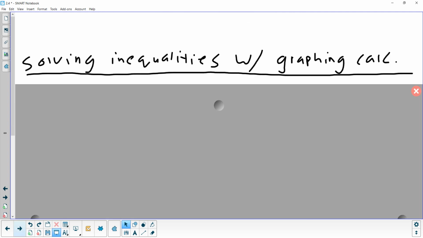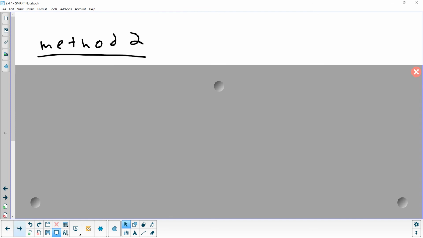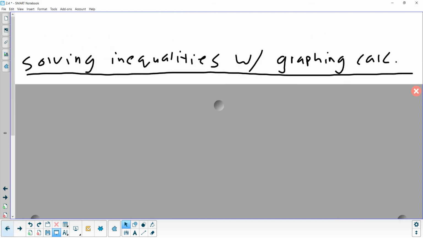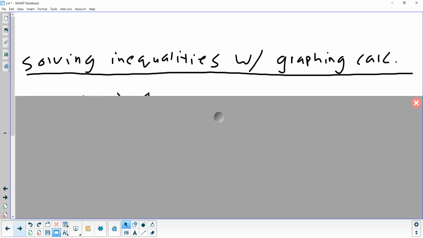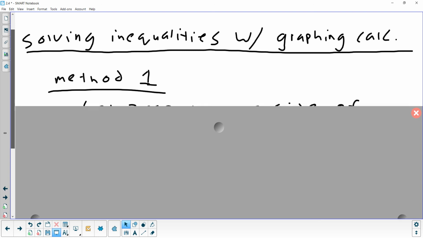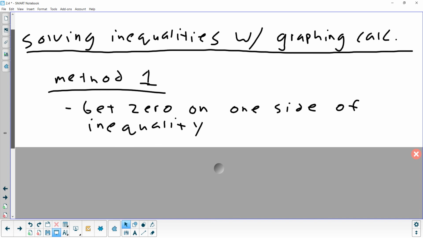All right, so now let's take a look, before we do absolute value inequalities, that's what we'll finish up with. Let's look at how we could solve an inequality on the calculator. This is good if you get an inequality that's too complicated to do with algebra. And there's actually 2 ways you can do it. One way is similar to how we calculate roots, or similar to how we would solve a quadratic.